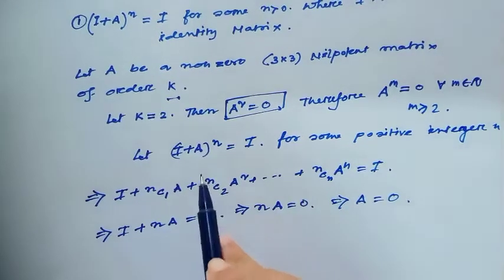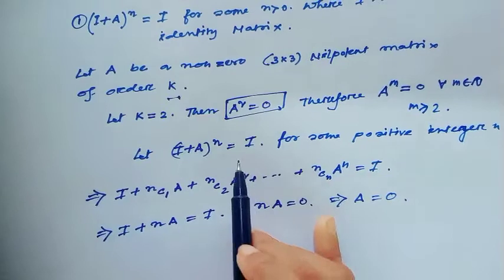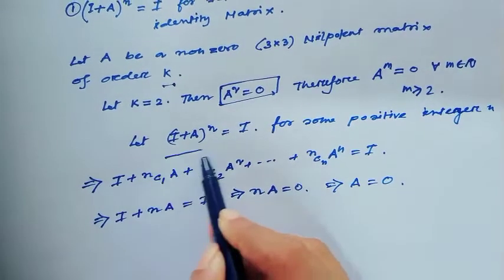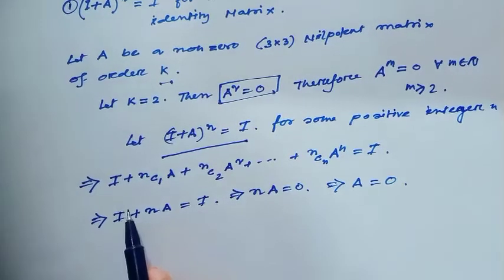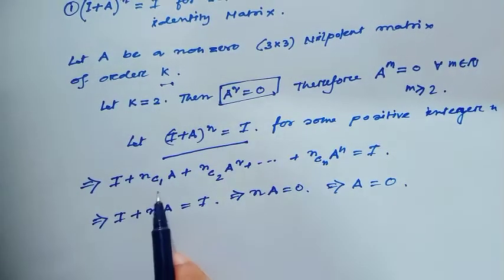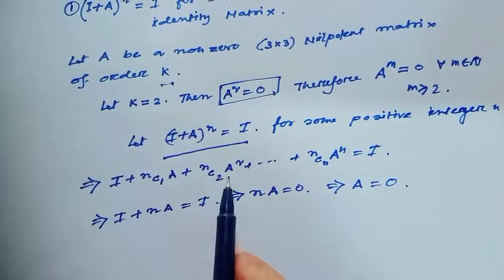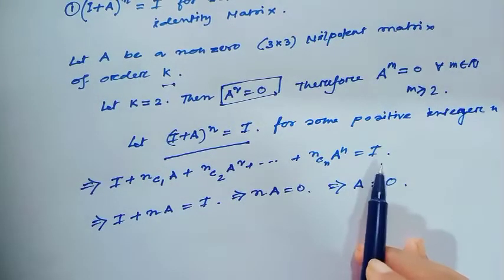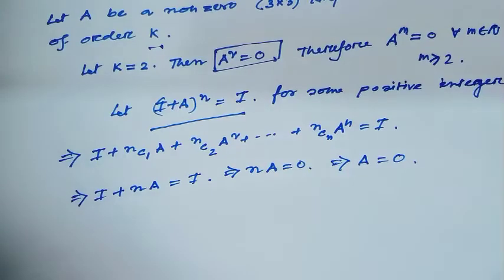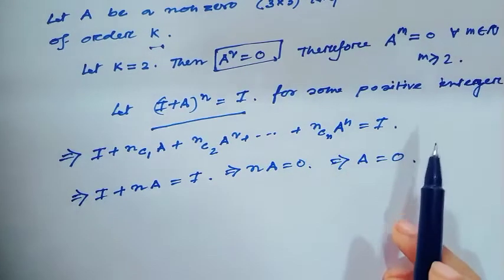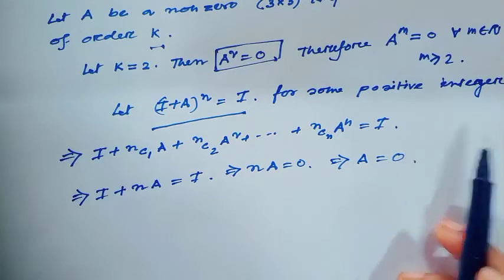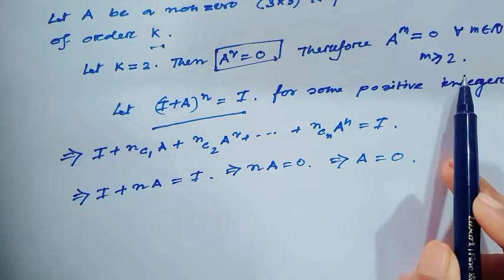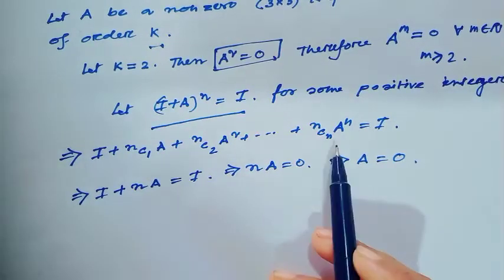Consider I plus A to the power n equal to I for some positive integer n. From this expression, it implies identity plus nC1 A plus nC2 A square up to nCn A to the power n equal to I. Since A to the power m equal to 0 for all m belonging to natural numbers with m greater than or equal to 2, all those parts would be 0.